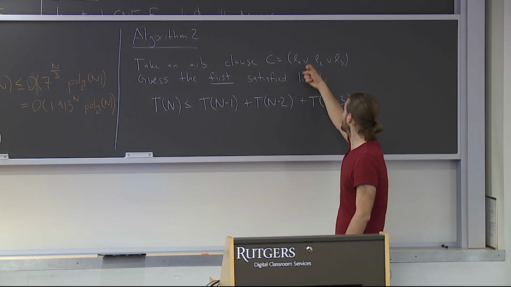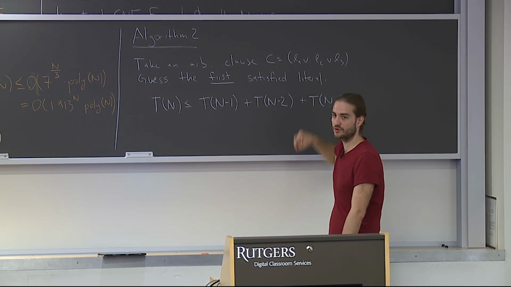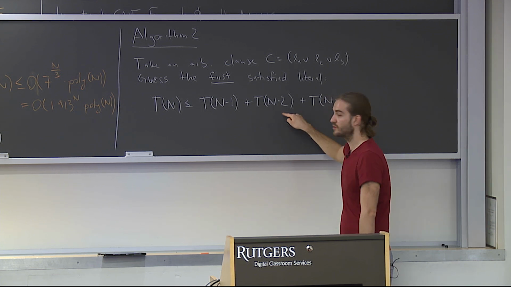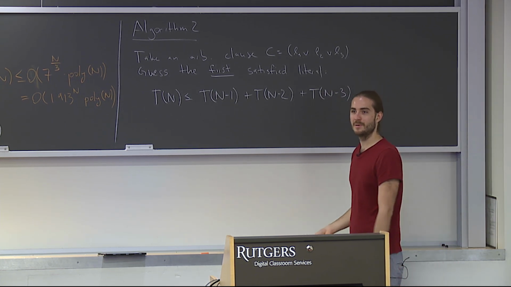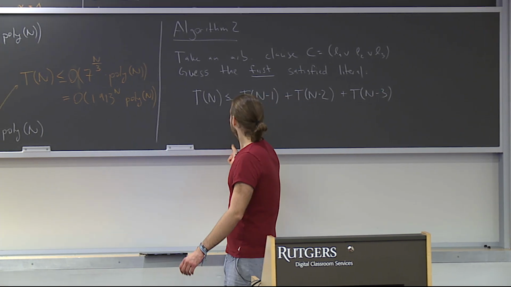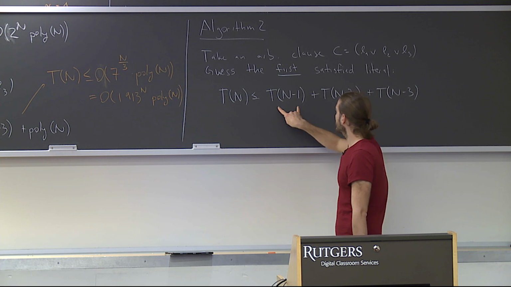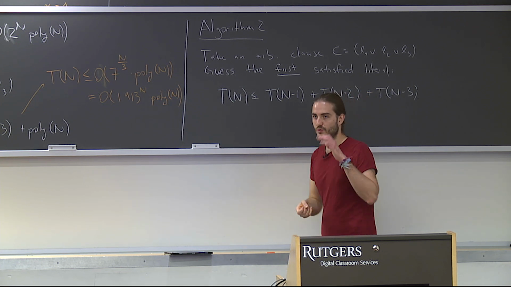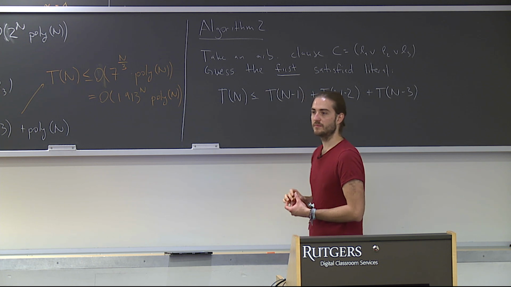The second one was the first satisfied literal. Then we can set two: we can set the first one to false, the second one to true. So we recur on only n-2 variables. Same for the third. OK? This sort of recurrence relation, where you have several calls with n-1, n-2, whatever, appears pretty frequently in the design of exponential time algorithms.